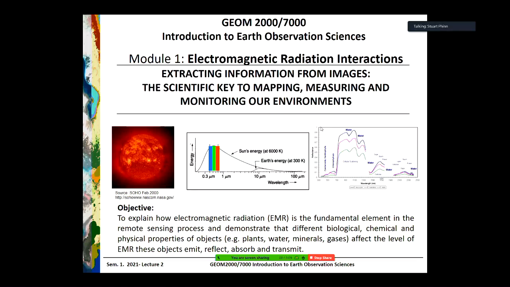If the target was reflecting all the light, there'd be a line straight across the top. But these are 3 healthy leaves. They're absorbing most of the visible wavelengths of light, which is that part of the spectrum, and using it for photosynthesis. They're reflecting a lot of the near-infrared light and also reflecting some of the shortwave infrared.